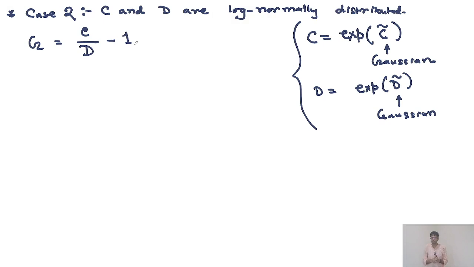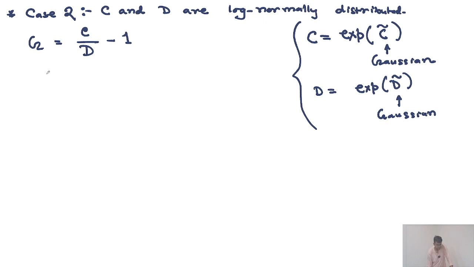Okay, clear? Why have I changed the form of the limit state function? This is also important in the sense that you are not bounded by a choice of limit state function. If you know the limit state function, you can always choose how to represent it. You have that freedom. Like C minus D and C by D minus 1 are two equivalent but different forms, right?